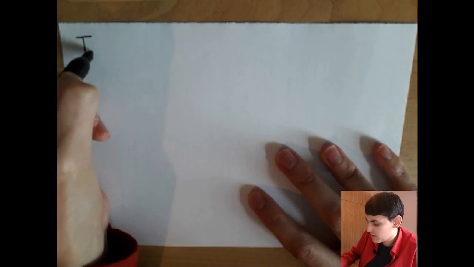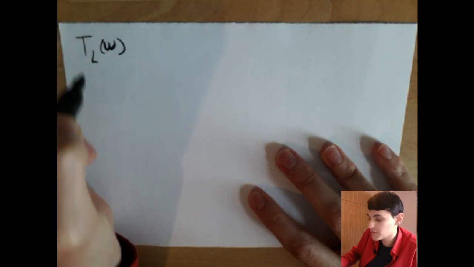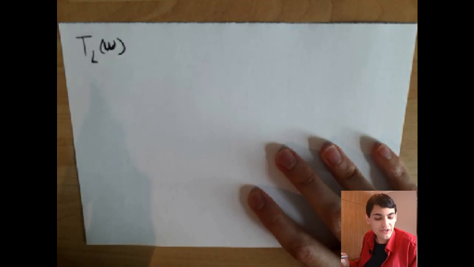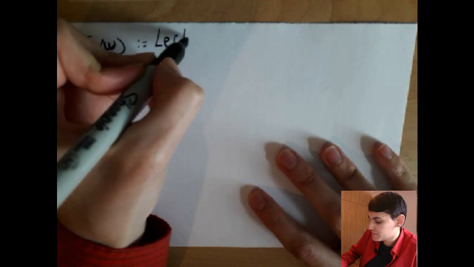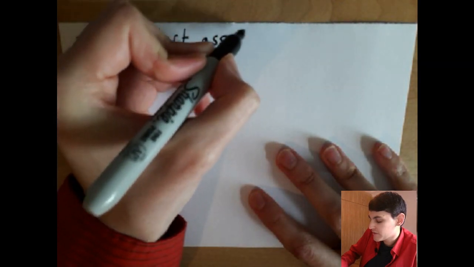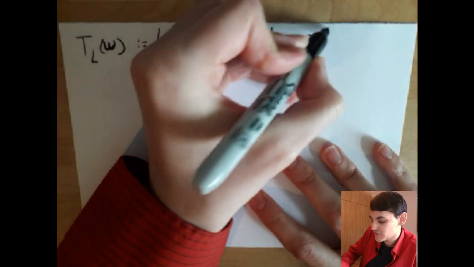T_L of w, where this is little w, refers to the left associated reflections.